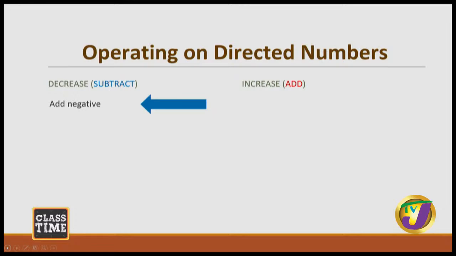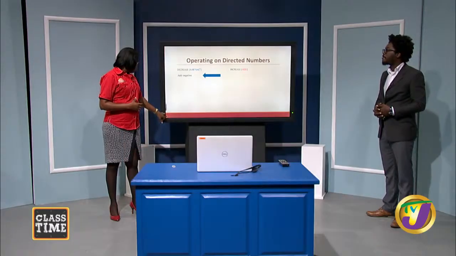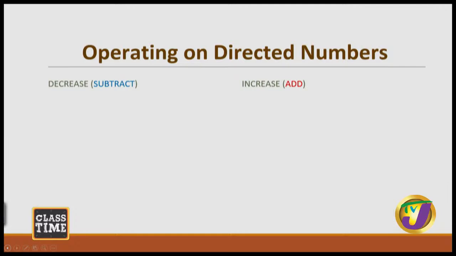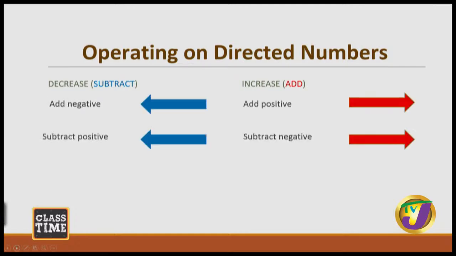So I subtracted money that I have to give to Burrell. So notice that decrease occurs in two ways: when we add negative and when we subtract positive. Adding negative was when Burrell got the money because he increased a debt. He added a debt to himself. And when I gave him the money, that was subtracting positive because that's my money.